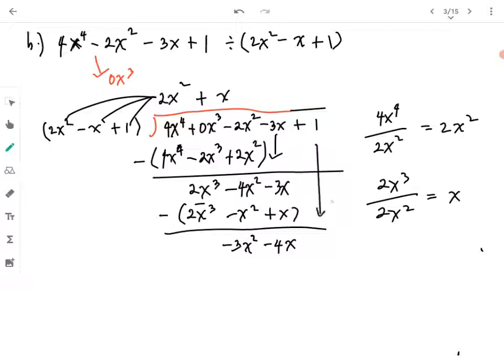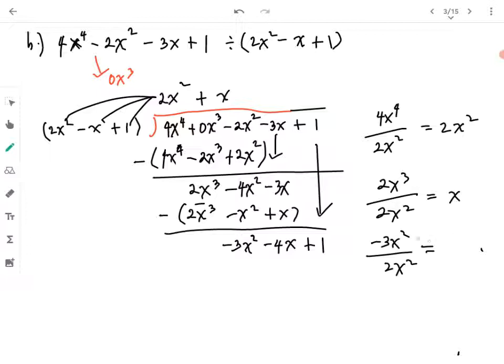Bringing down 1, we will have plus 1. Then we divide again, the first term of this one by the first term. So how do we do that? Negative 3x squared divided by 2x squared. Since you cannot divide 3 and 2 evenly, the quotient is a decimal or fraction. We will leave it that way.